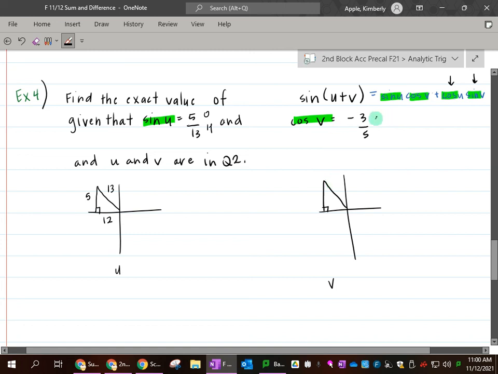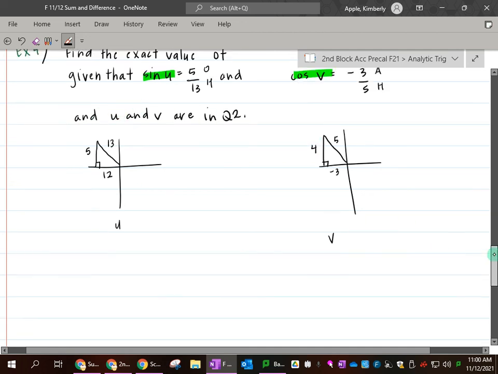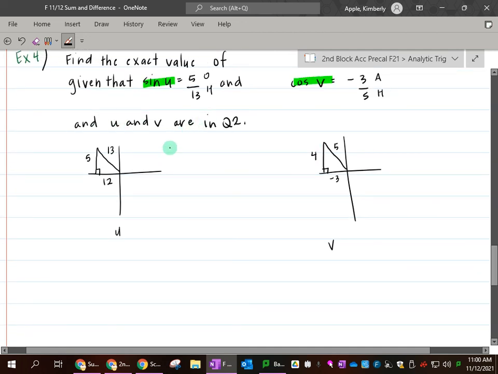Let's do this one. This is the A over H, right? So that would be -3 here. Here's 5, so this would have to be 4. So for U, the sine of U we already have. That's 5 over 13. The cosine of U, which I can now get, is 12 over 13.